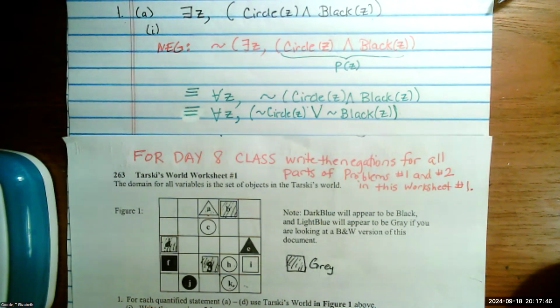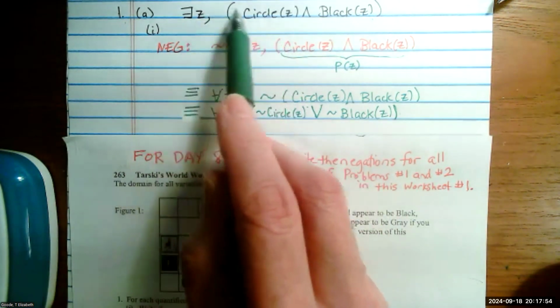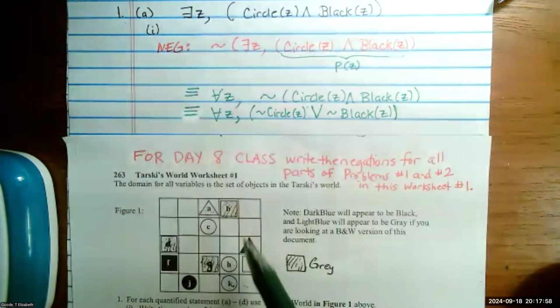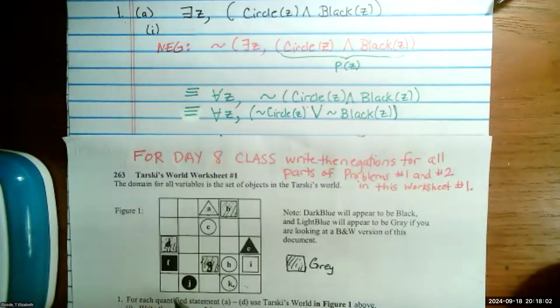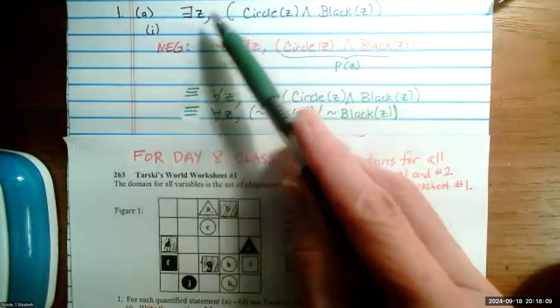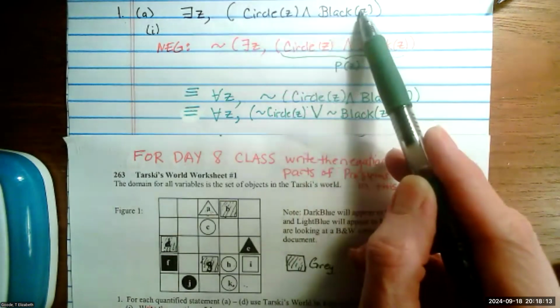Does there exist an object that is a circle and is black? Yes. And so what Z would that be? What is Z? I'm just saying we've got to find a Z that exists that satisfies this. What value would Z take? Which of these objects is the Z? It would take J. Yes, when Z is J, this is true because circle J is true and black J is true.